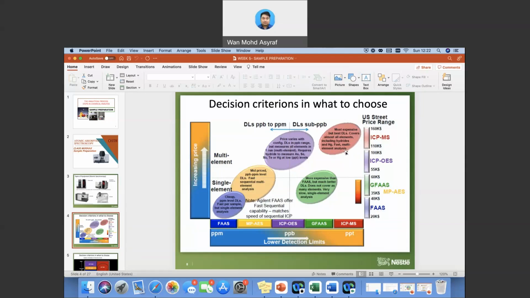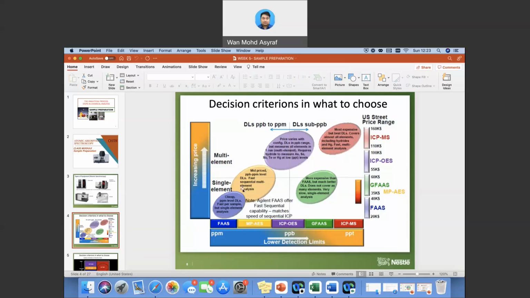So for ICP-MS, yes, it is the best. It has the best detection limits and can detect almost all of the elements, but it is very expensive.